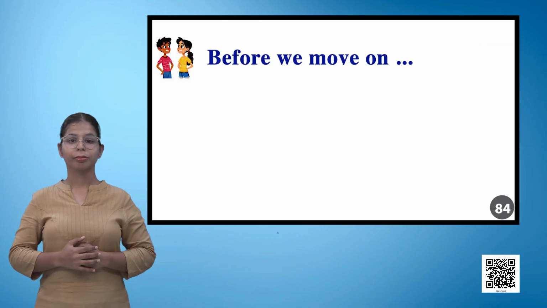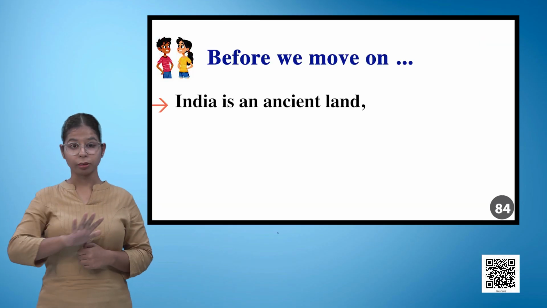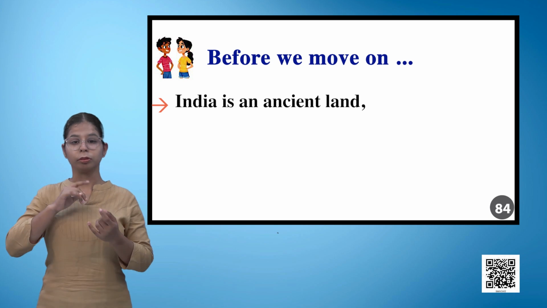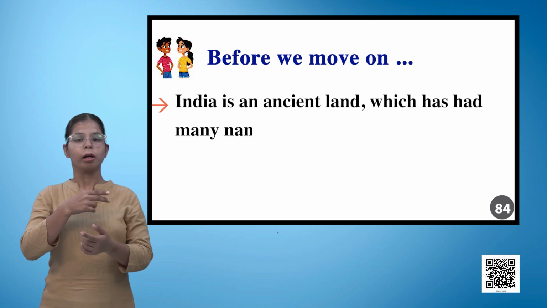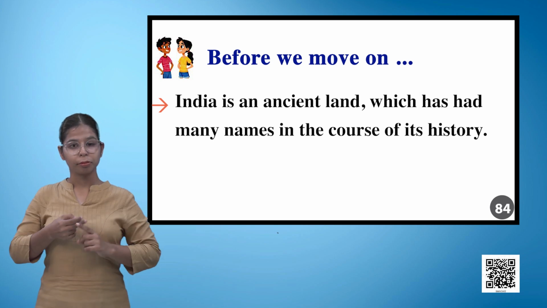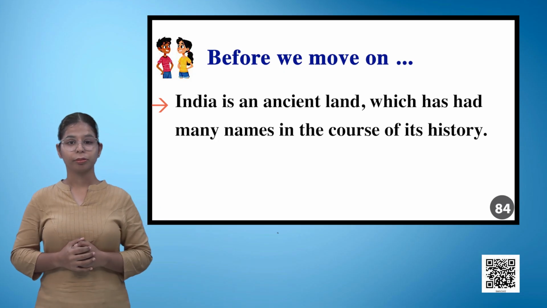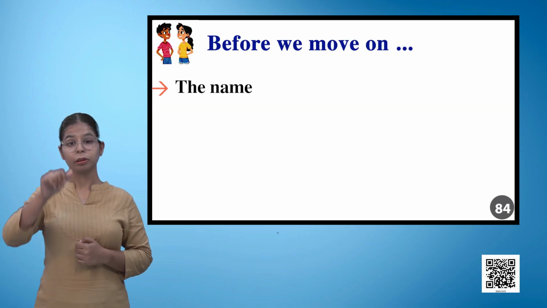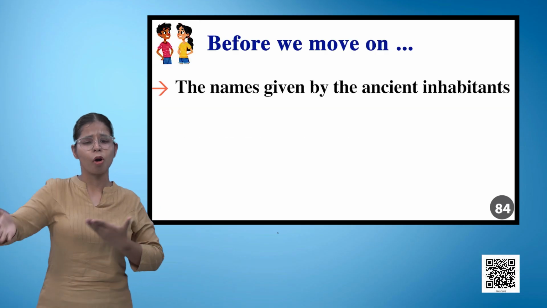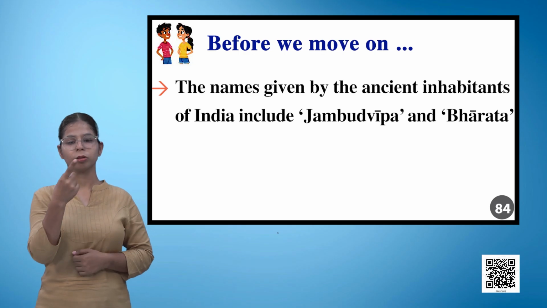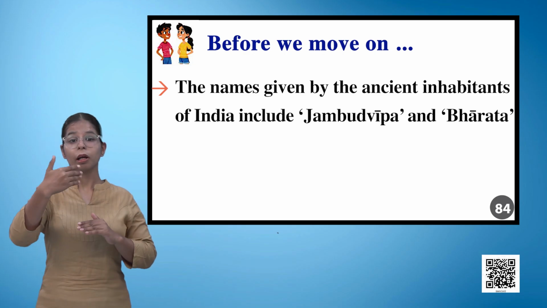Before we move on, 1. India is an ancient land which has had many names in the course of its history. 2. The names given by the ancient inhabitants of India include Jambudvipa and Bharat.